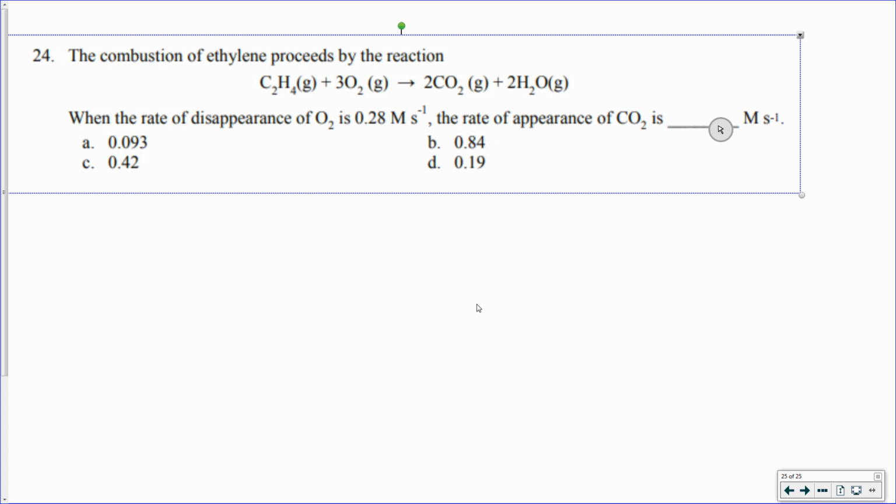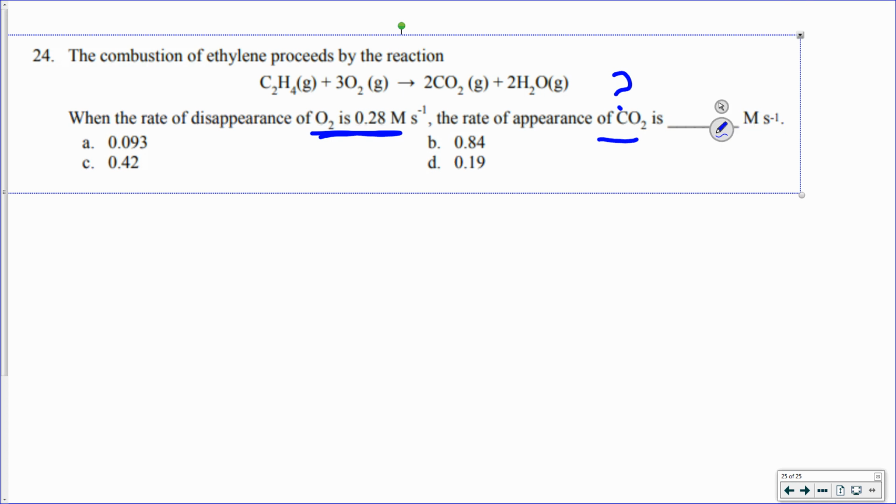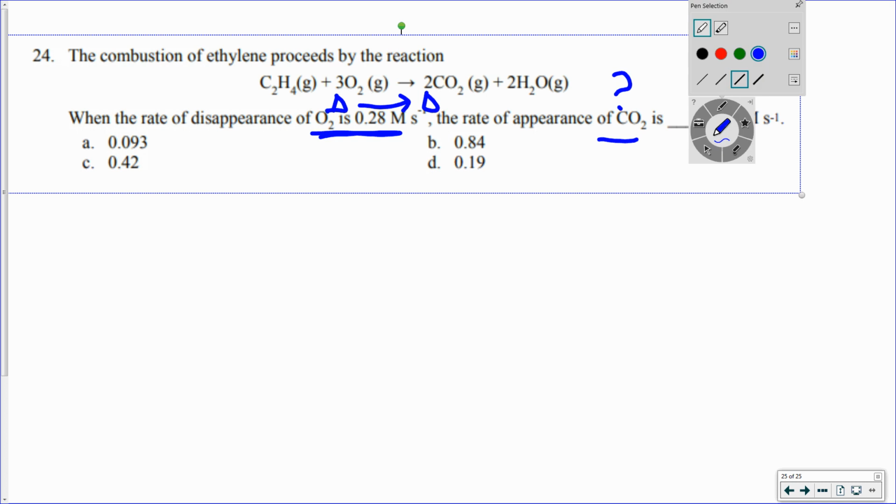It tells me the rate of disappearance of O2, so I know something about this guy. Its rate is 0.28, and it wants me to compare that to the rate of appearance of the CO2. So I need to somehow relate how this one's changing and convert that into the rate of how this one's changing. The thing that puts them together is the rate expression.